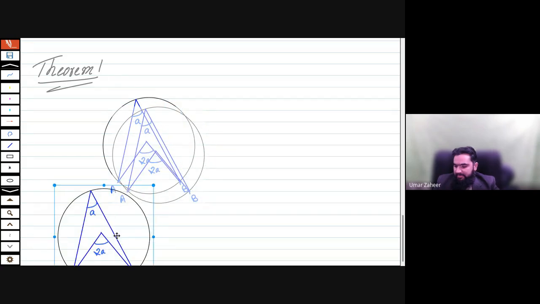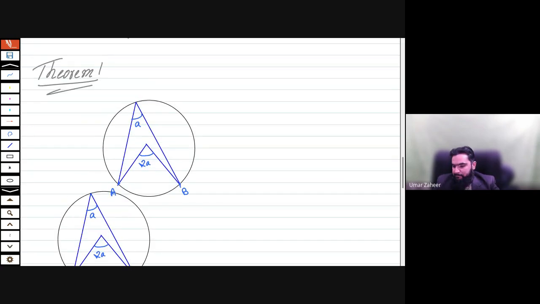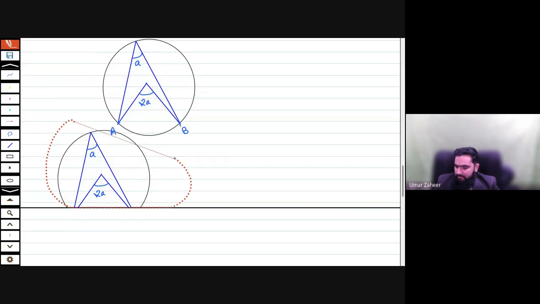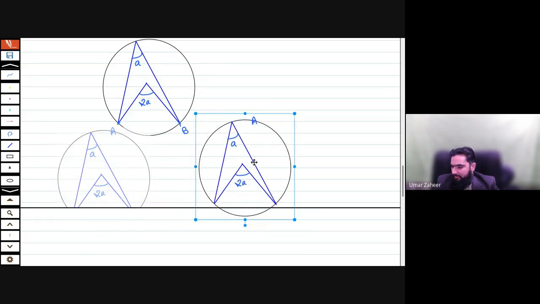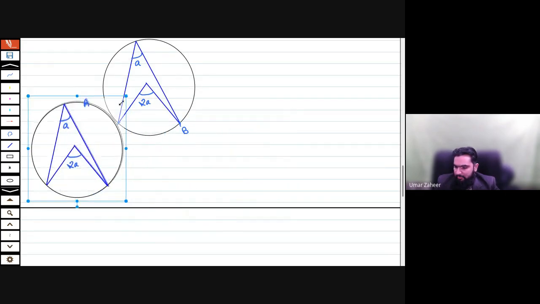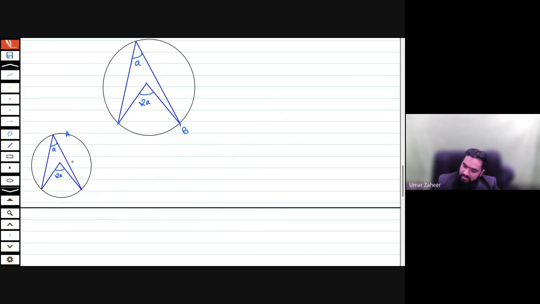For example, I can draw an angle like this, and I'm going to draw an angle here.